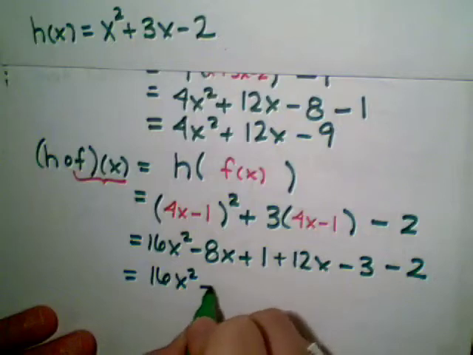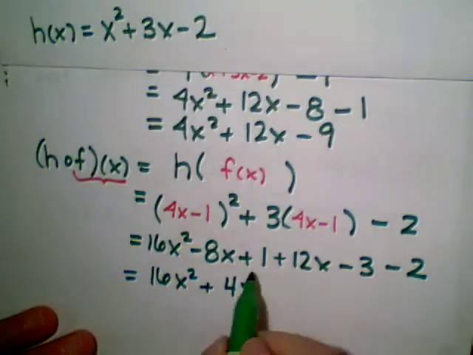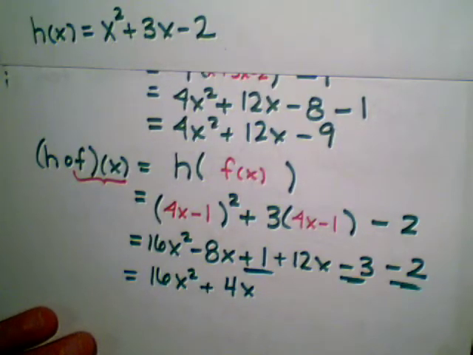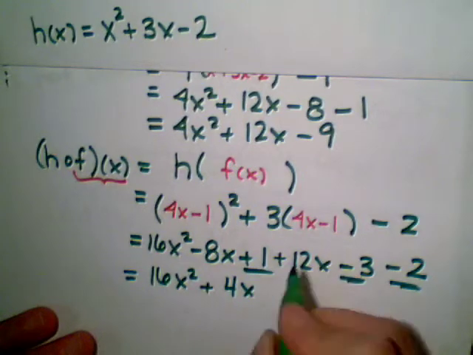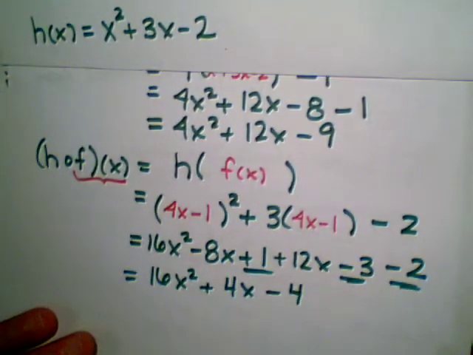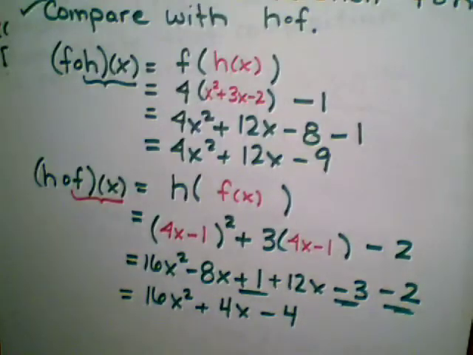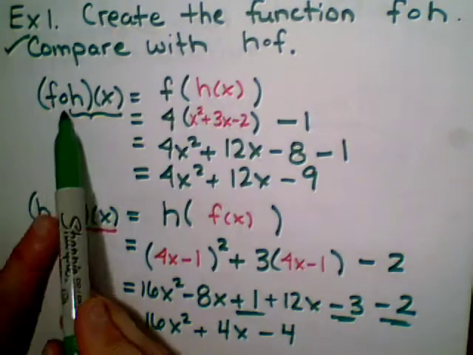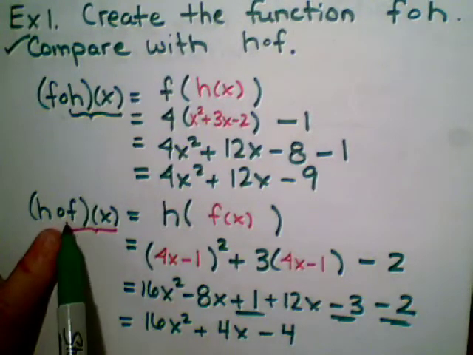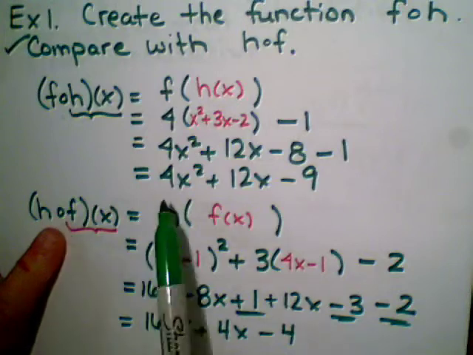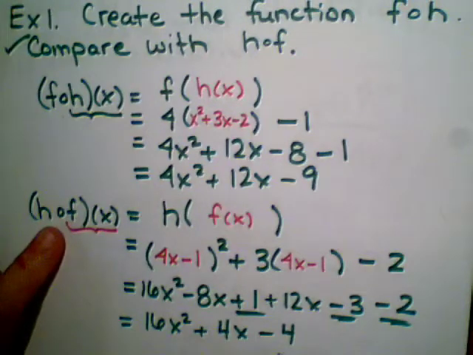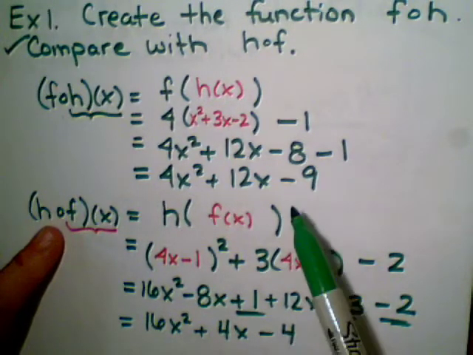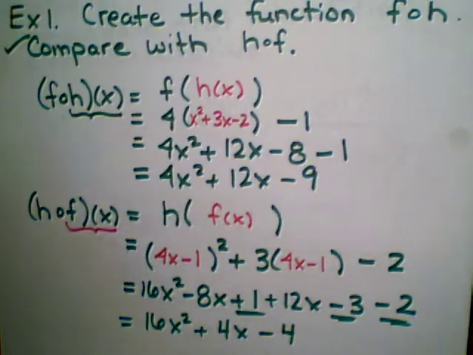I need to be careful here and collect the linear terms. And it looks like I have three constants. 1 minus 3 minus 2. Okay. So comparing what happens when we change the order of composition. In general, we will get different functions. Not always, but almost always we will get different functions.